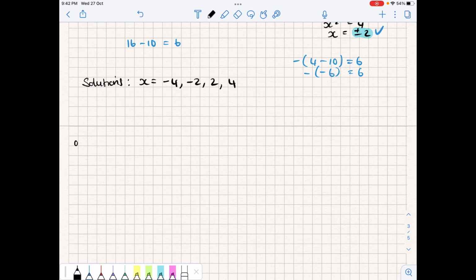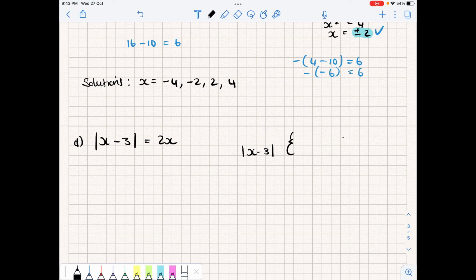Let's do the last one. Here we have the modulus of x minus 3 equal to 2x. Once again, I'm going to start off by considering what my absolute values can be.